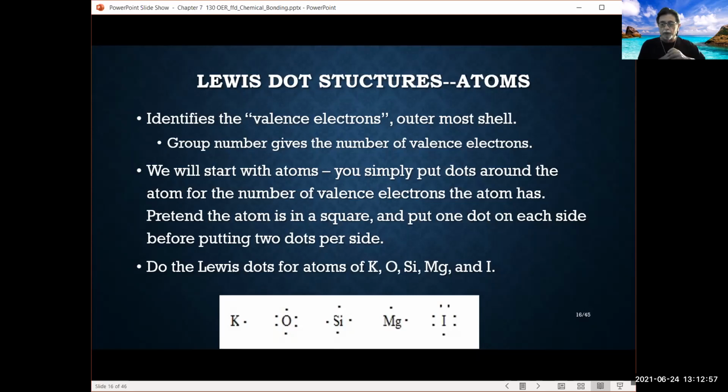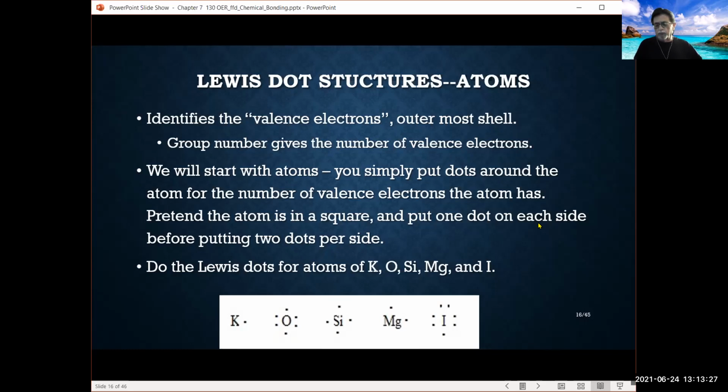Keep in mind, we can only do that for the main elements, those denoted by the Roman numeral and the letter A, so that's groups 1A through 8A. The Roman numeral tells us how many valence electrons they have. So you simply put the symbol, and then a dot represents an electron, and you put the number of dots around the symbol to represent the number of valence electrons.